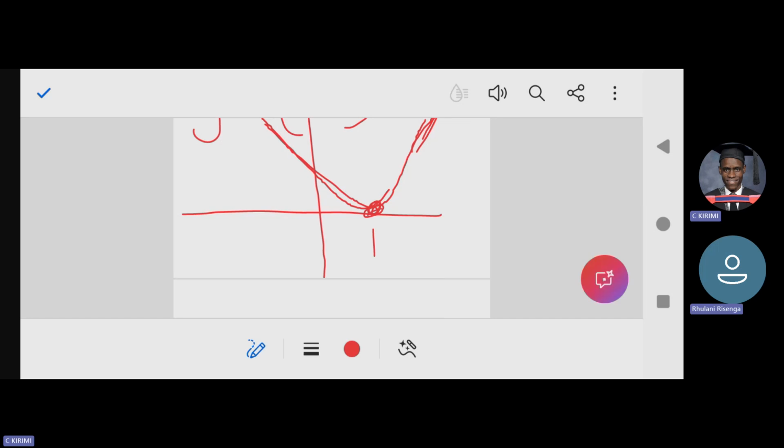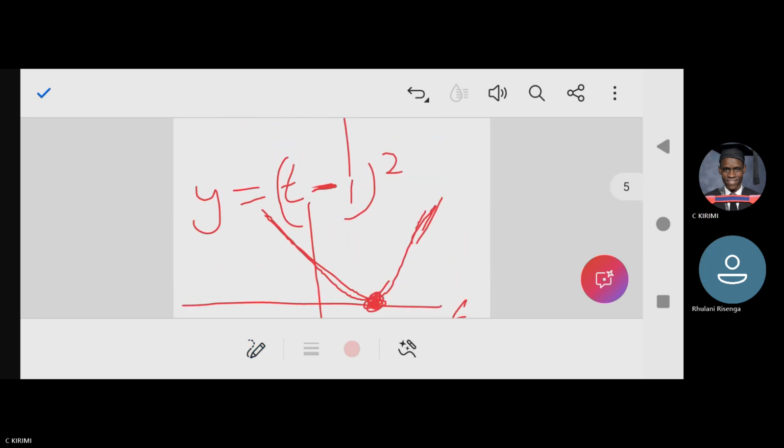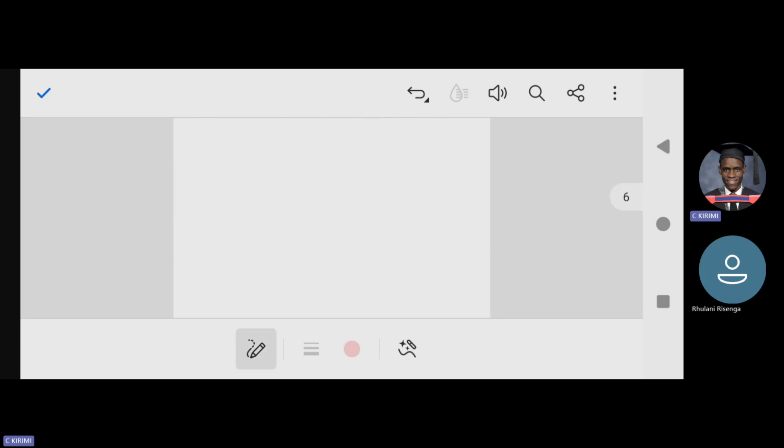Instead of the x-intercept in terms of t sitting at 0, now it's sitting at 1. So for a quadratic, it's always the opposite. If it's -1, I know my graph has been shifted to the right by 1 unit. But if it's +1, I know the graph has been shifted to the left by 1 unit. Do we agree on that point? Yes, because this is a quadratic equation.